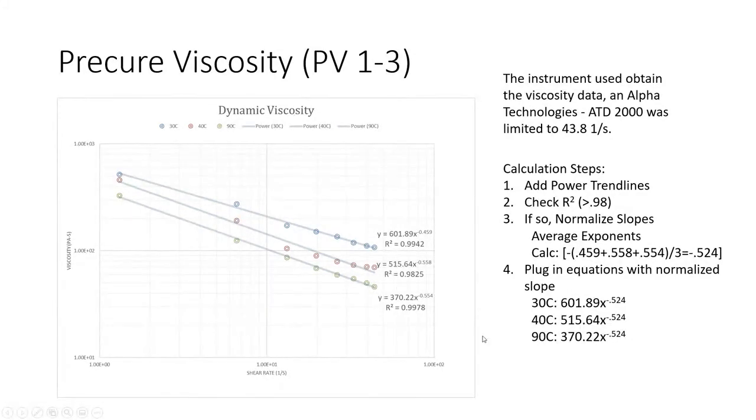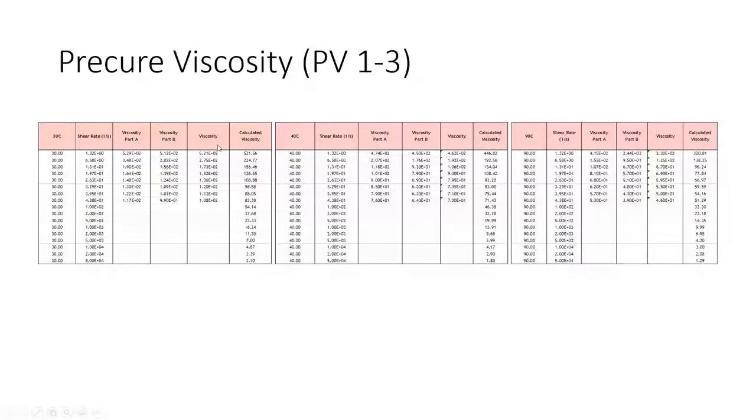So the y-axis crossover comes from these equations. And so now we've extrapolated out. We can now take that data and use the calculated viscosity based on those equations and create numbers that show very close correlation because of the high correlation.